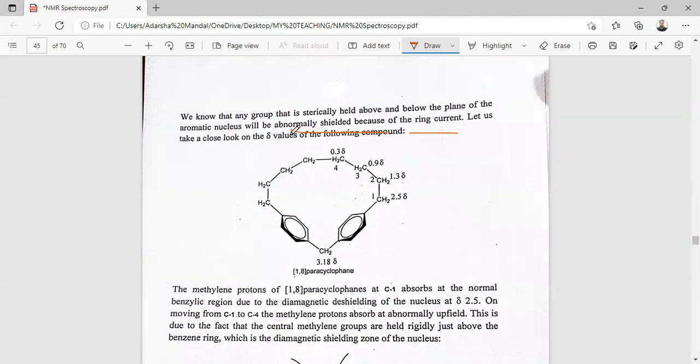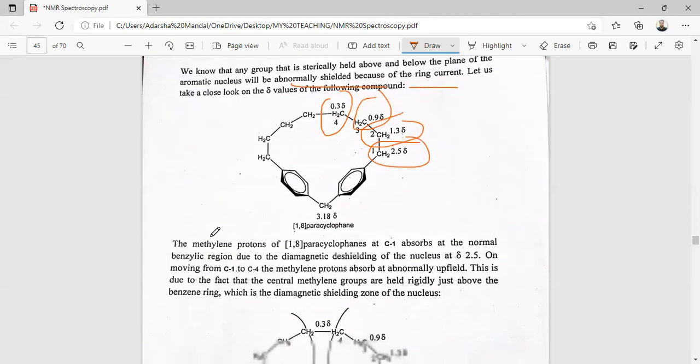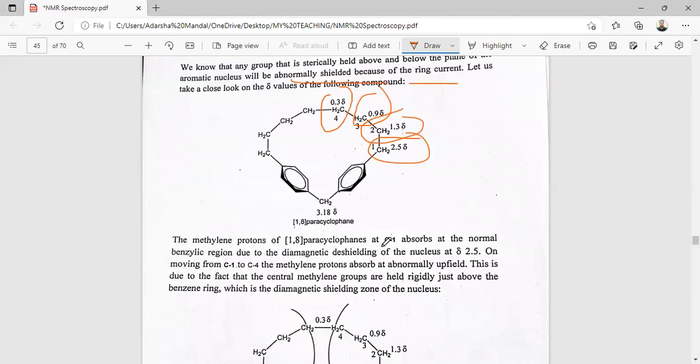paracyclopentane. So here the methylene groups have delta values of 0.3, 0.9, 0.13, 0.25. So the methylene protons at C1 absorb in the normal benzylic region due to the diamagnetic deshielding of the nucleus at 2.5.